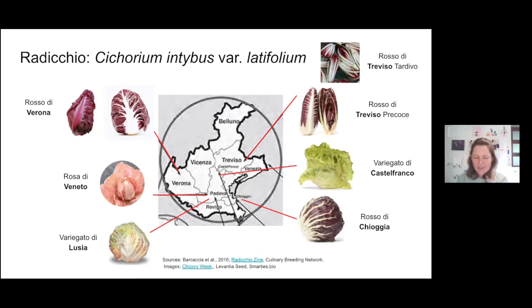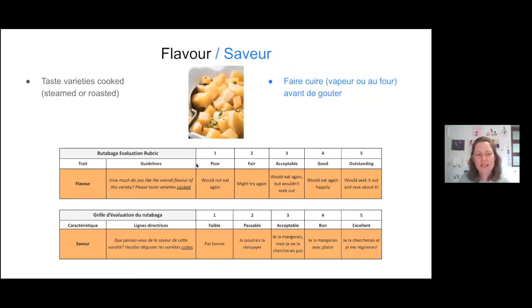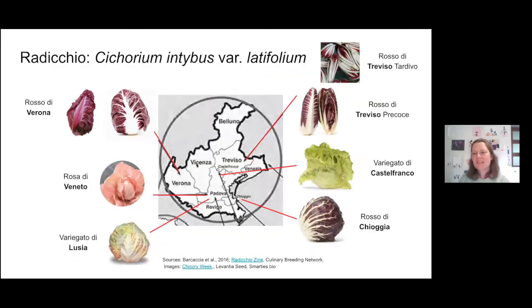We don't have the yield rubric on here, but for marketable yield, it says, say 75% is saleable, or less than a certain amount is saleable. It goes by percentages. So if weighing it helps you ascertain that percentage, then go for it.